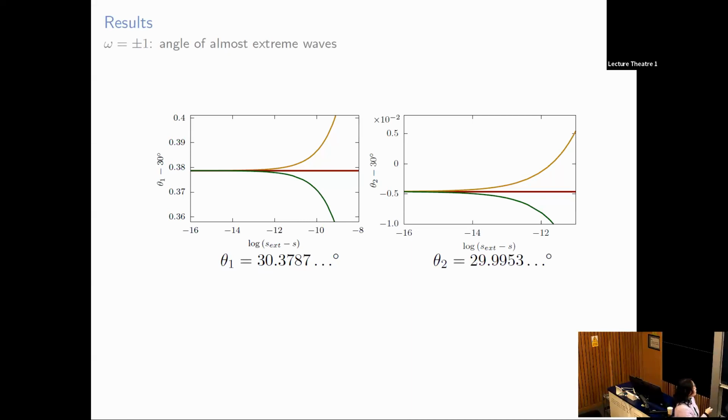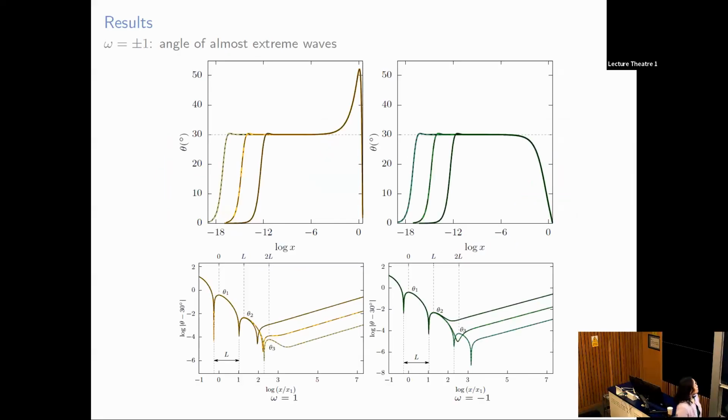But then we found that the first maximum angle, and the first local max and first local minimum angle, are independent of whatever the vorticity is. Now, what's the effect of vorticity? Well, first thing is this, right?